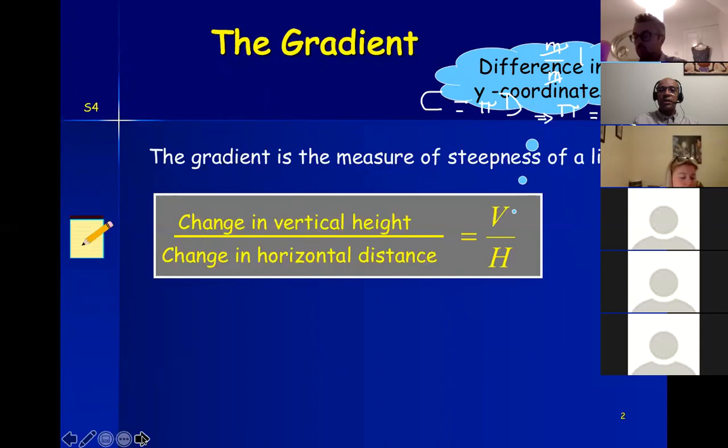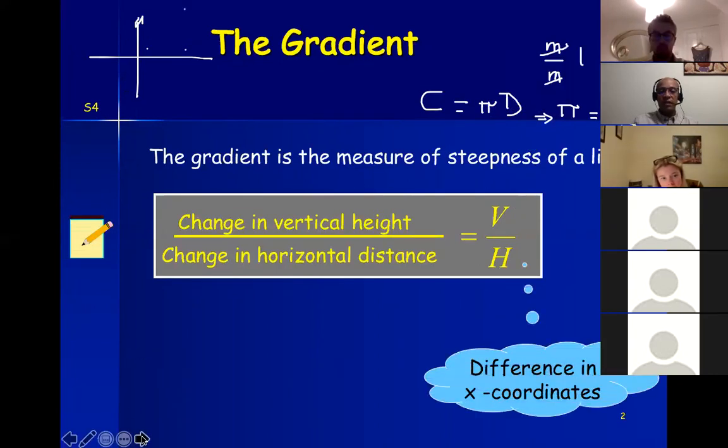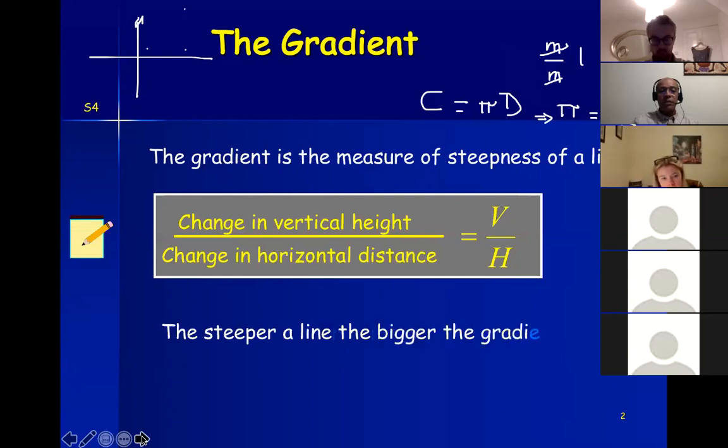So, difference in y coordinates, if you were to represent something in x and y, so you've got difference in height over difference in x coordinate, difference in x's, and the steeper a line is, the bigger the gradient. So if I've got a gradient of 1, for example, that means for every 1 meter I'm going up the way, I'm going to travel 1 meter along that distance.